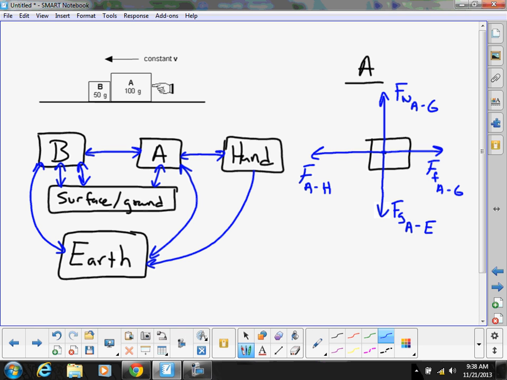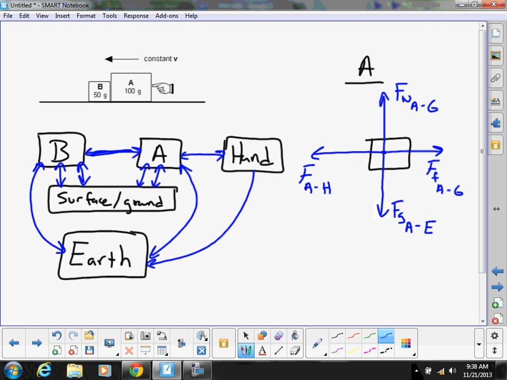But that's not the only force acting on it. There is another one, and we need to include in our interaction diagram that second interaction for the force of friction. But we also have the force of block B pushing back on block A, this one right here. Okay. So we need to include that into our diagram.